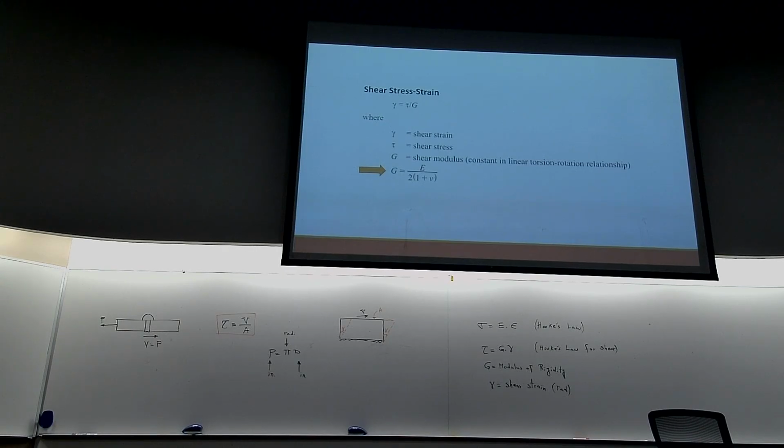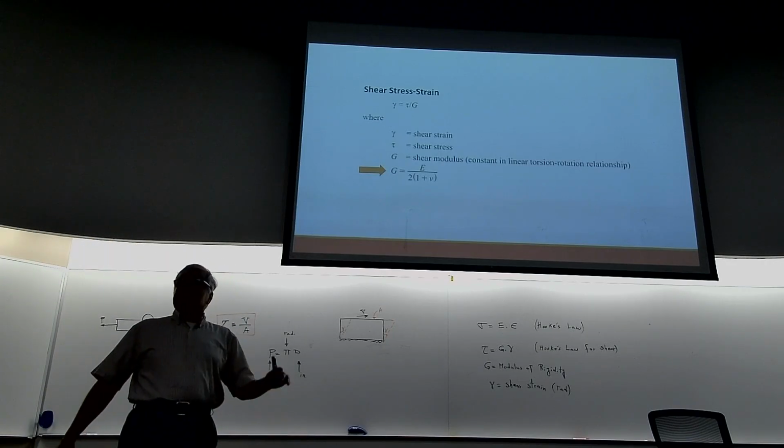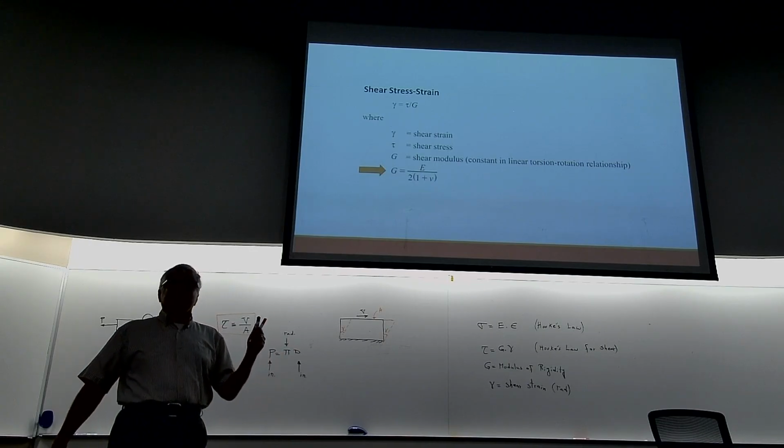If any two are known, use that equation to solve for the third one. This is why your book does not have a column for Poisson ratio, because you can always calculate it using numbers for E and G. Any questions about this material?